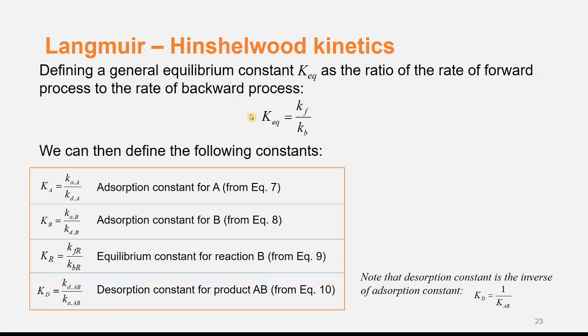We want the equilibrium constant, big K, because they are easier to measure than the rate constants, the small k's. Just wait for equilibrium and then measure the composition. The rate constants, on the other hand, are very difficult to measure, especially for fast processes.